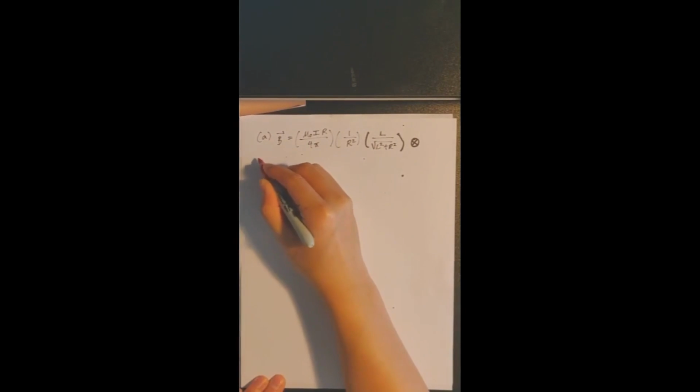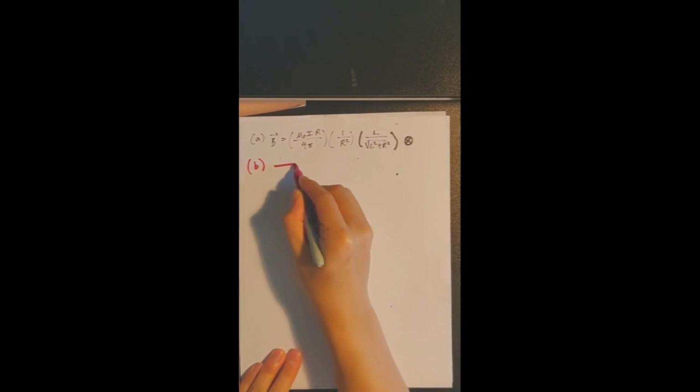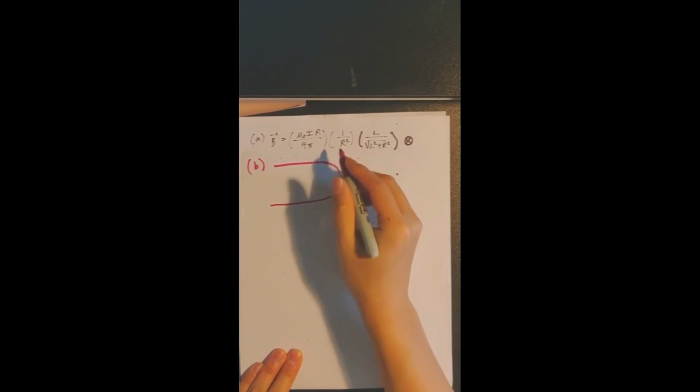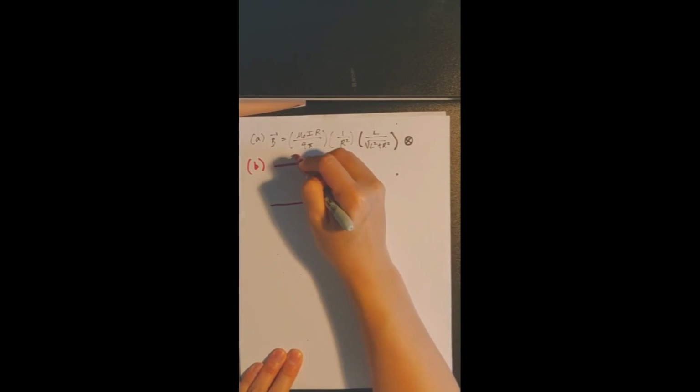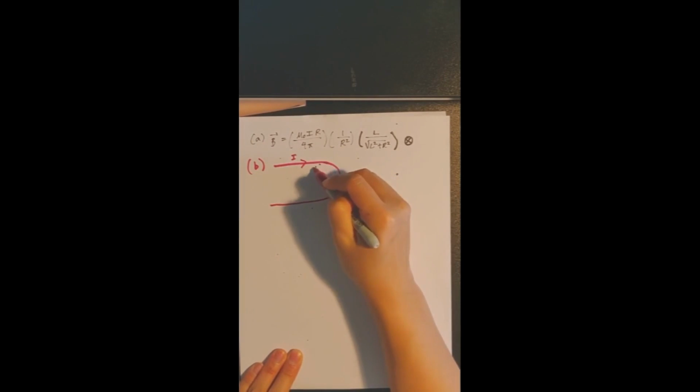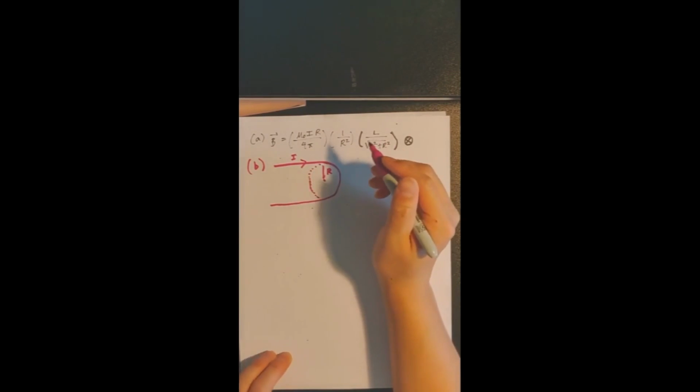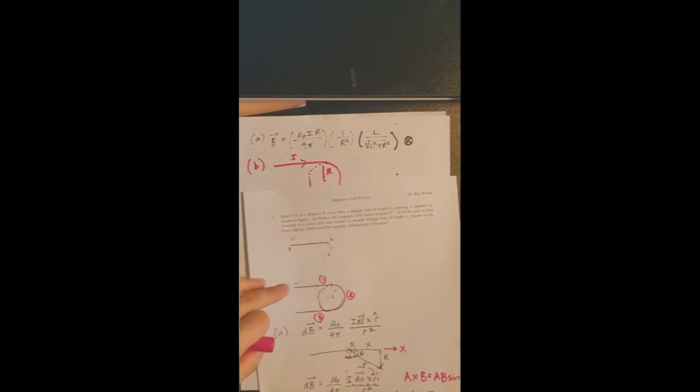So part B, let me just draw this wire. I'm sorry for switching papers so often. This is our point that we're interested in, and R. Same picture.